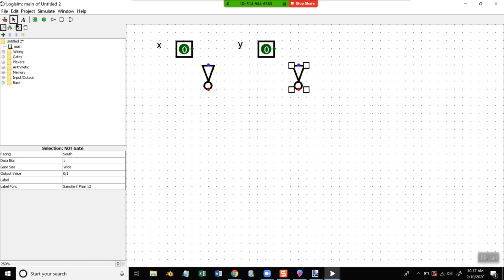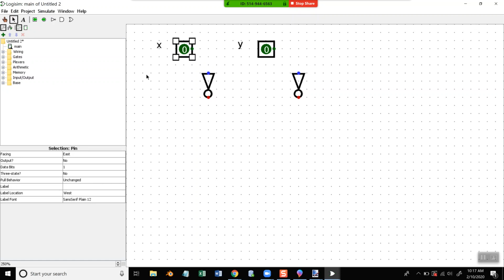Okay, so then facing south. This one facing south. There we go.